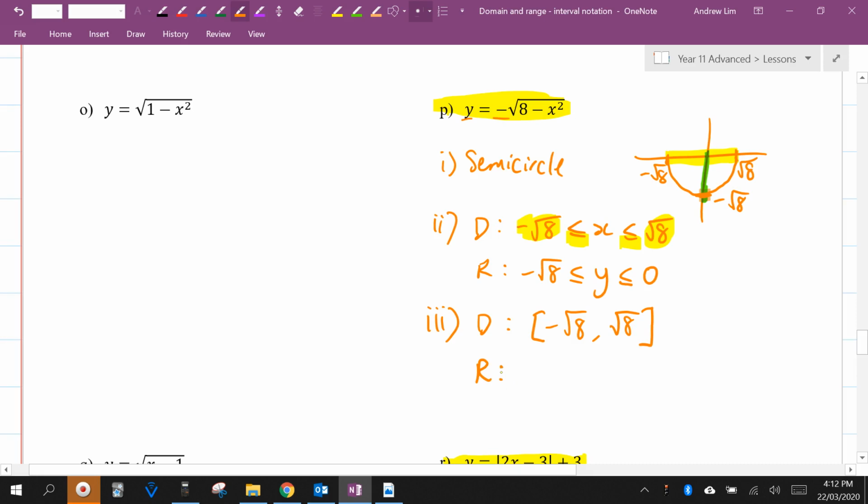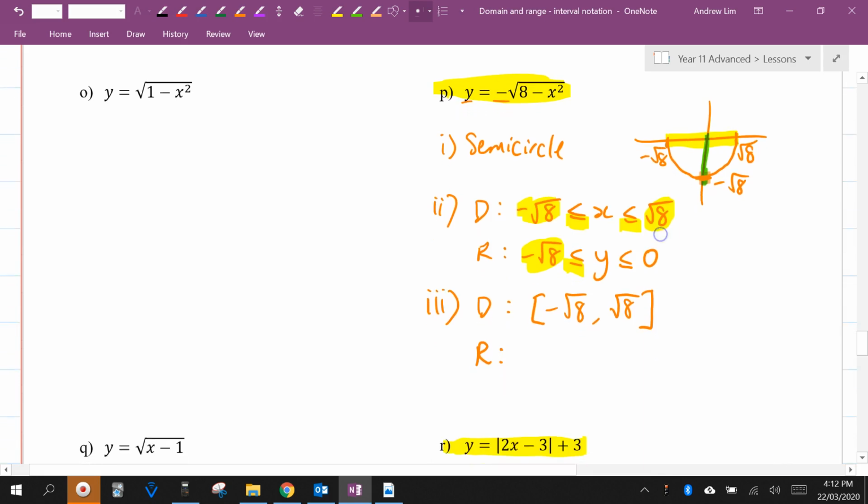Range: because it includes negative root 8, you notice when I'm highlighting the includes bit, I'm highlighting just the equal to part of the symbol, because that tells us it includes it. We use square brackets. And here, it includes 0, so we use square brackets.